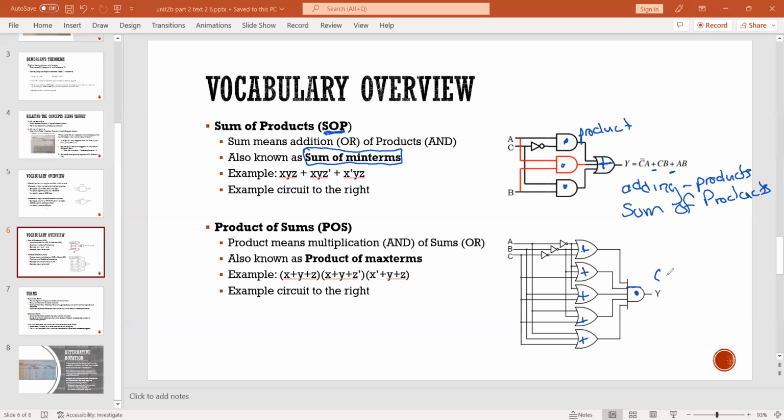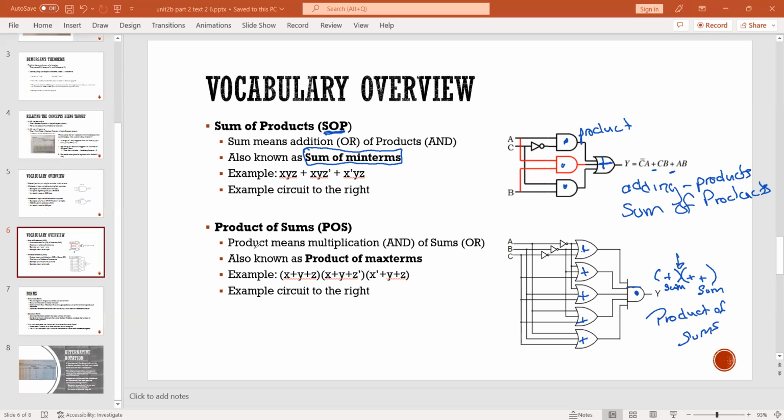So you will have some things in here, I don't know how many, but they're going to be added together. You're going to have some added together. And so that's why this is called the product of sums, because you're multiplying the sums. This is a sum, and this is a sum, and you can have more.